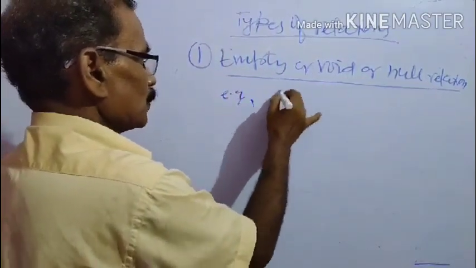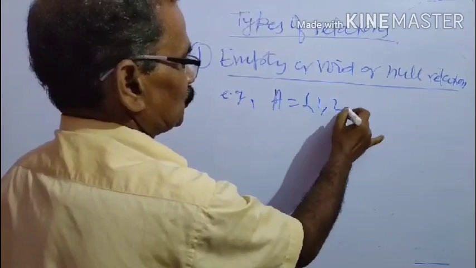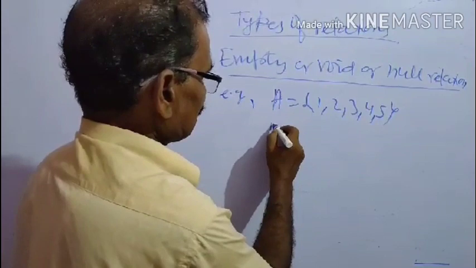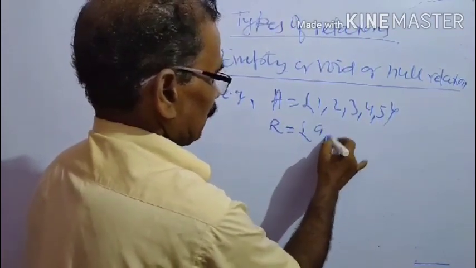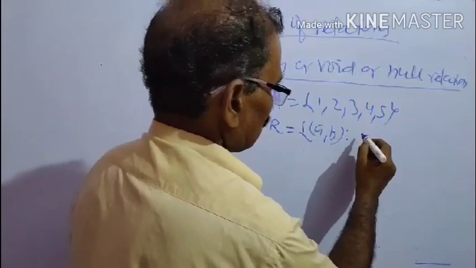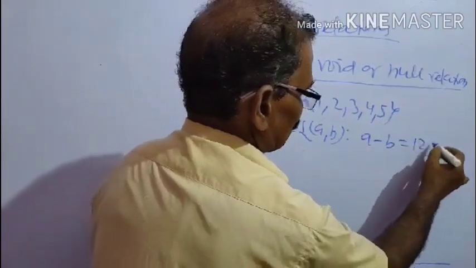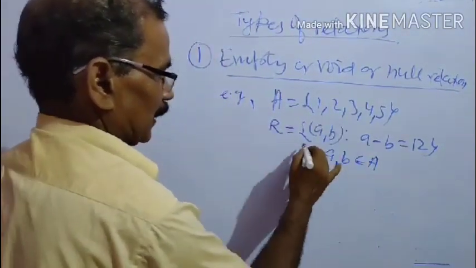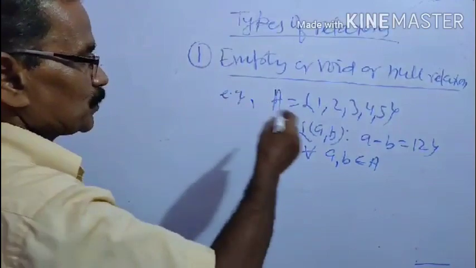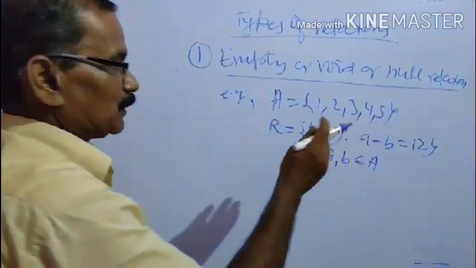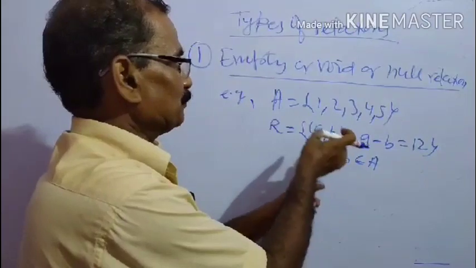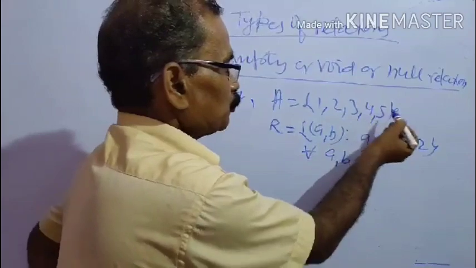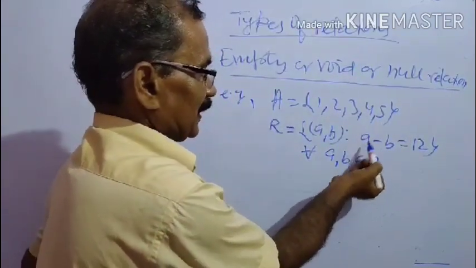Suppose A is equal to {1, 2, 3, 4, 5} and the relation is R = {(a, b) such that a minus b is equal to 12, where a, b belong to A}. We take a and b as any elements of A. Suppose we take 4 as a and 5 as b.